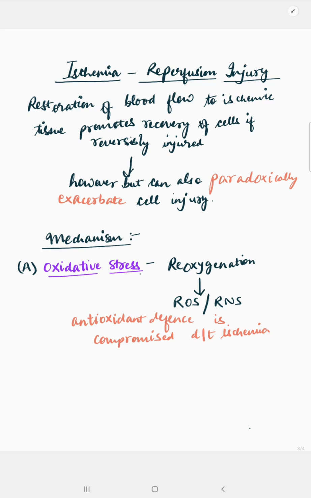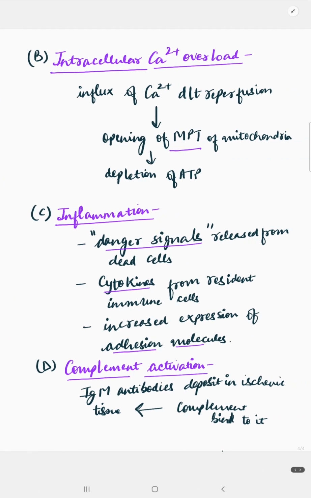During reoxygenation, there can be an increased generation of reactive oxygen species and reactive nitrogen species, because the antioxidant defense system, which is normally present in the cell, is compromised because of ischemia. Secondly, there is intracellular calcium overload, because of influx of calcium during reperfusion.